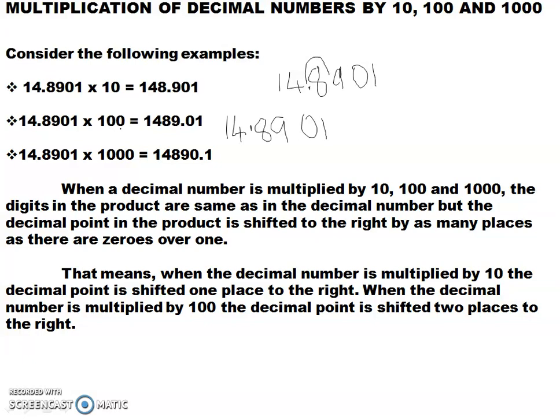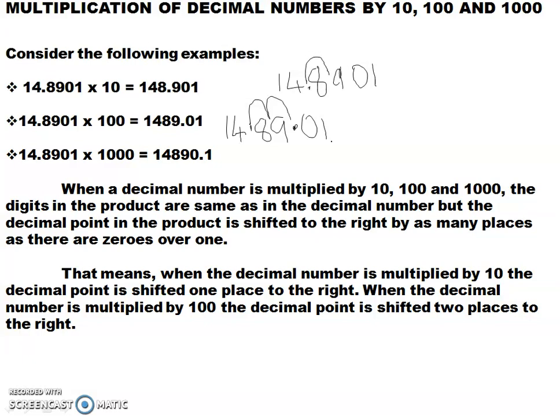How many zeros in 100? 2 zeros. So you are going to shift 2 places. 1, 2. So the decimal point will be here. That is 1489.01. That will be your answer.